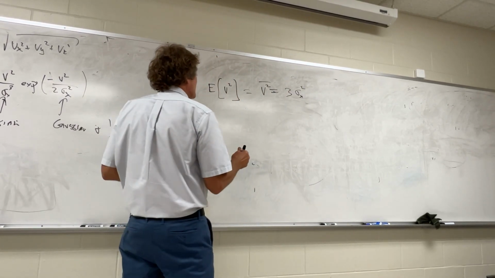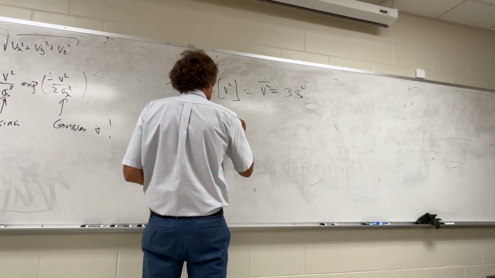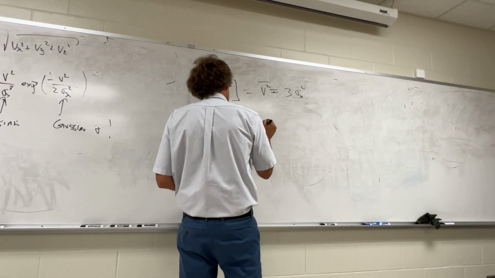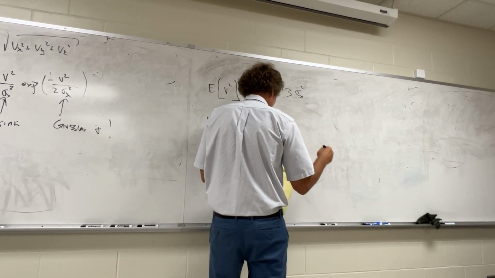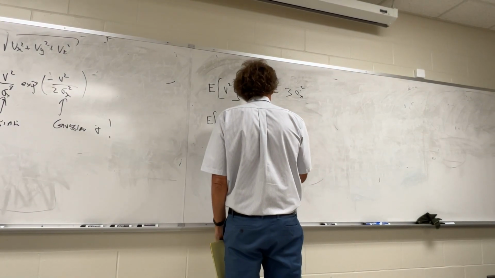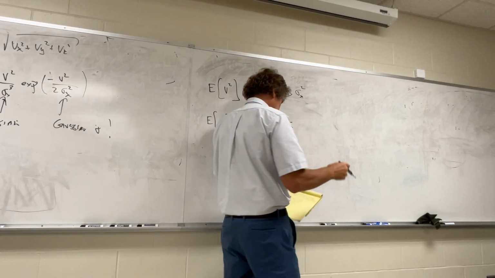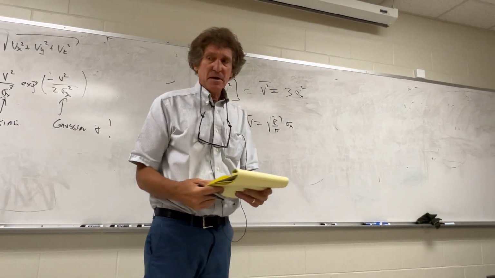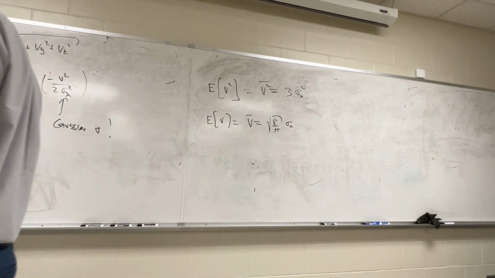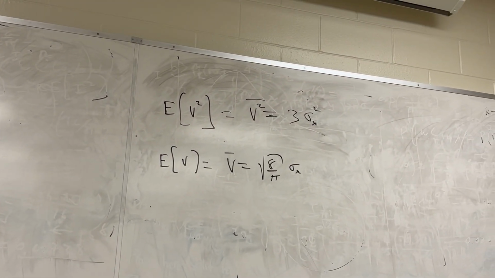Now the mean value, the expected value of just v, has a little different form. He likes to write it as the square root of 8 over pi times sigma of x. A lot of times in books, remember how I put down 0.429 times sigma squared for the Rayleigh's mean?